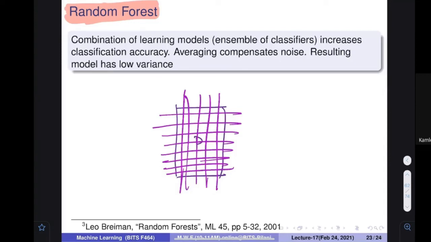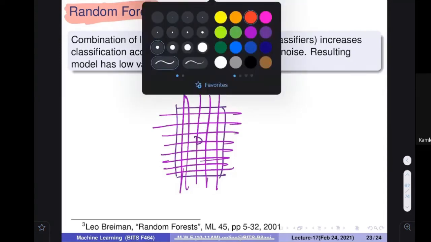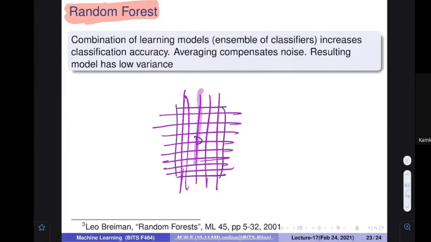Okay. So what would happen if I say that I'm going to delete these two attributes? I would get a different database, D dash. What if I delete a few of the rows?